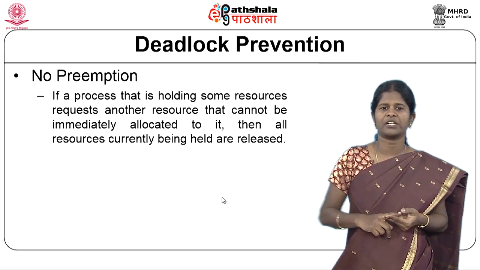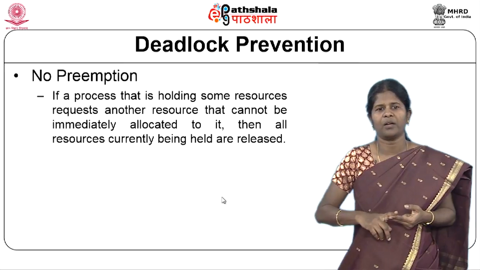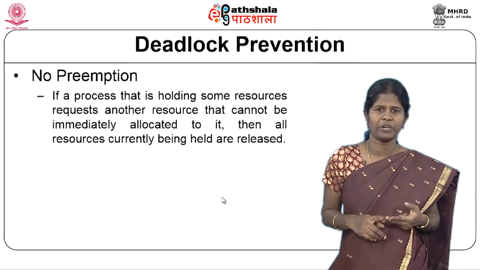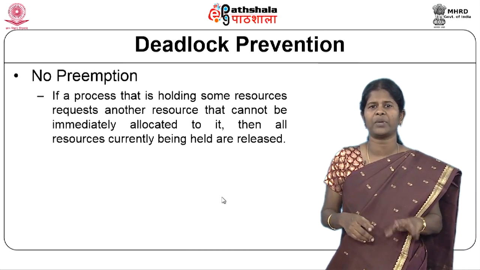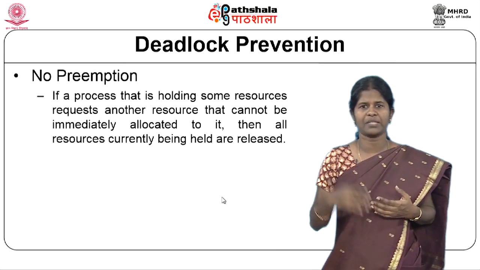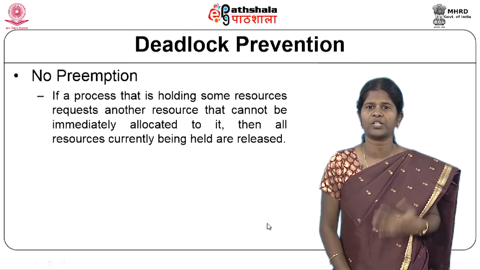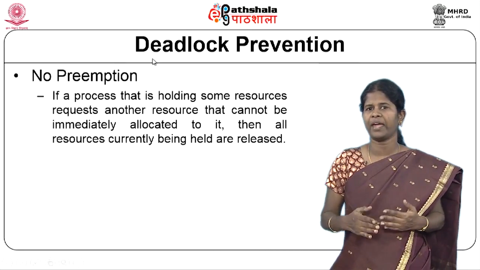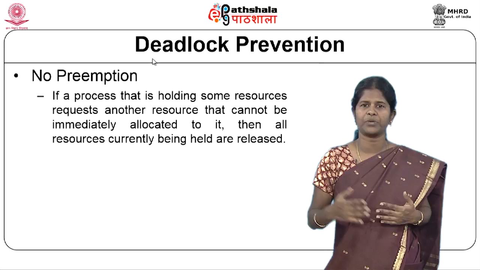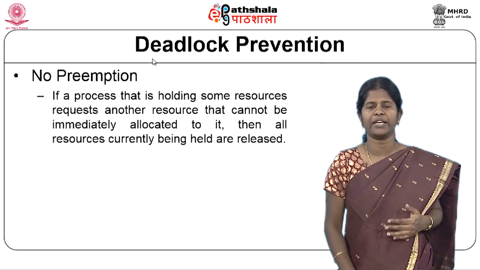The printer it is not able to get, and then what should it do? It will release the tape drive and the disk also, so that maybe somebody else can use them, and finally this can continue after some amount of time. It will not lead to a deadlock, maybe it will delay the time at which it completes, but it may not lead to a deadlock.